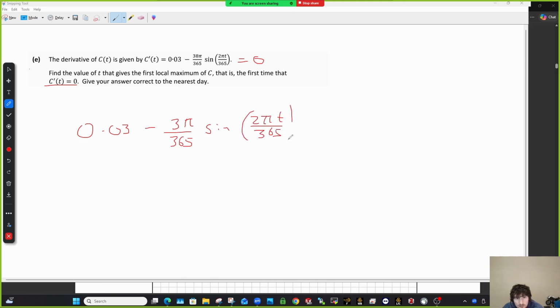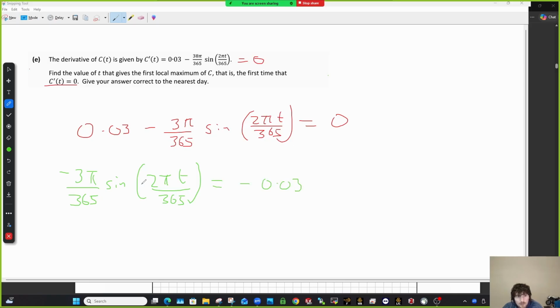I have a feeling this is going to be one of these where you get two answers from solving this. I would have covered a lot of this in the trigonometry videos on the YouTube channel. So if what I'm doing here is a little bit confusing, you'll see loads of these solved in the past paper questions from the trigonometry video if you have a scroll through the channel.